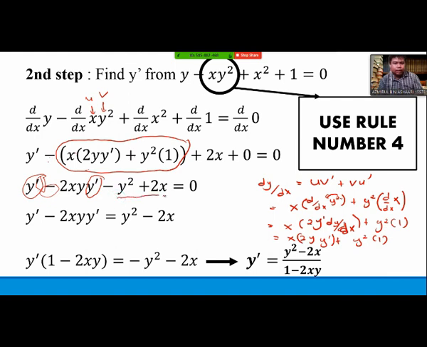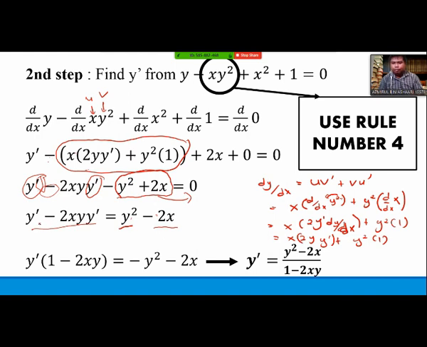So you can see that they don't have y prime, so you move to the right side. So you get y prime minus 2xy y prime equal to y squared minus 2x, which is negative moving to the right side becomes positive, positive moving to the right side becomes negative.